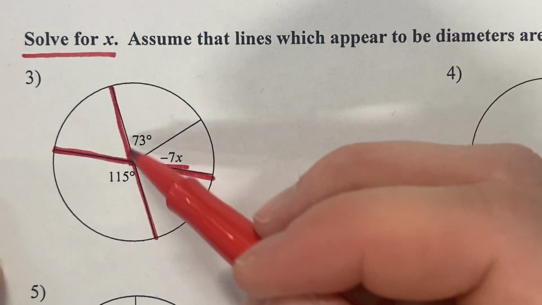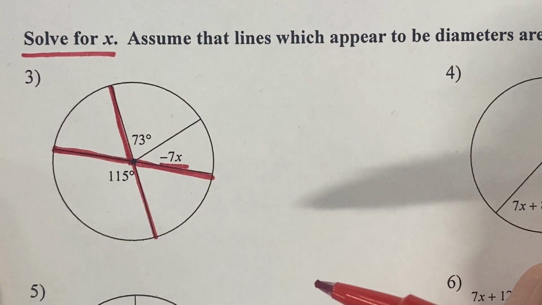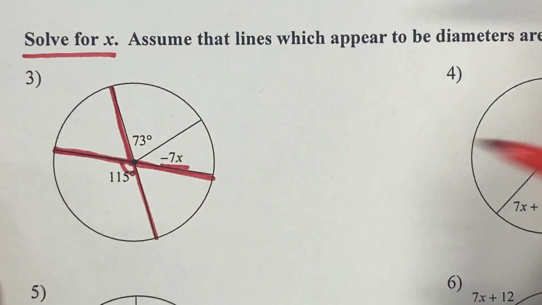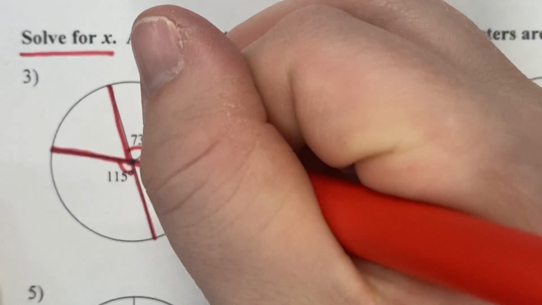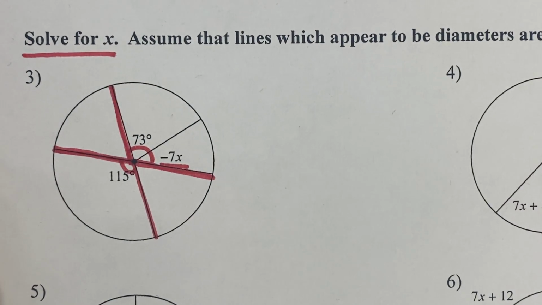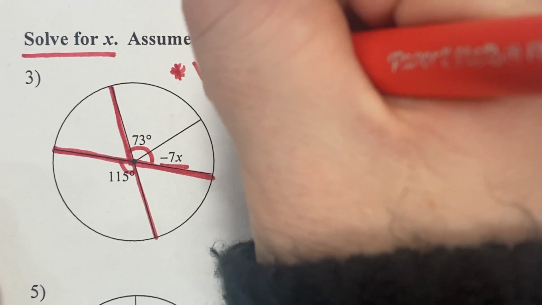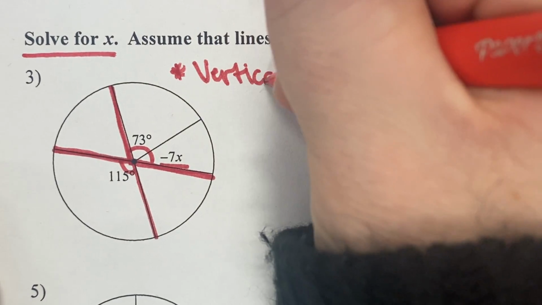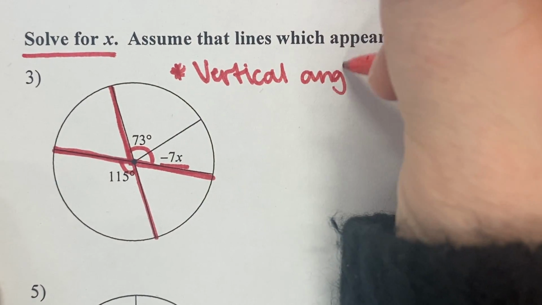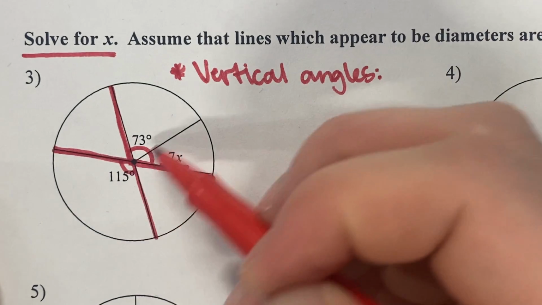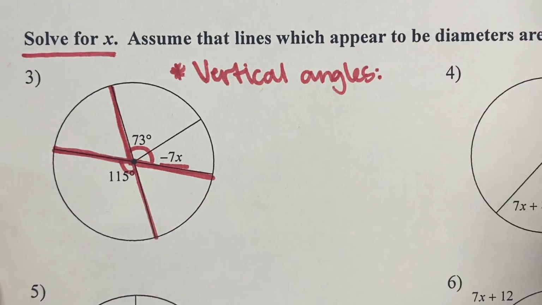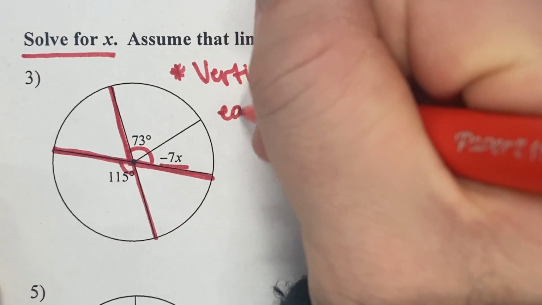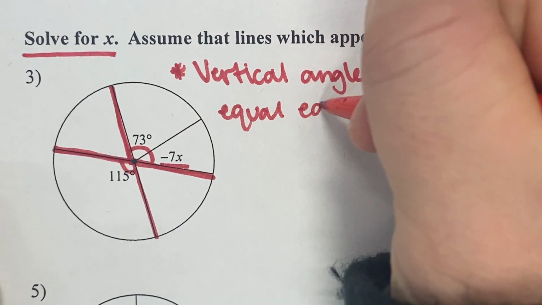Whenever these angles create a perfect x, and they're right across from each other, so this 115 and then those 2 angles put together, these are called vertical angles. Where they create that x and they're across from each other. This helps us because vertical angles equal each other.